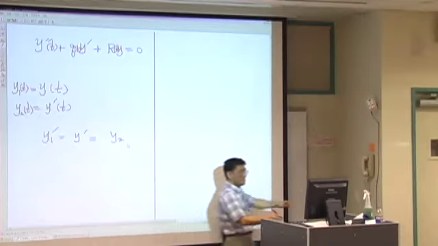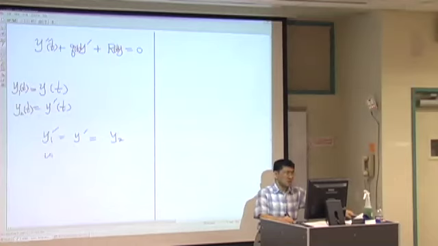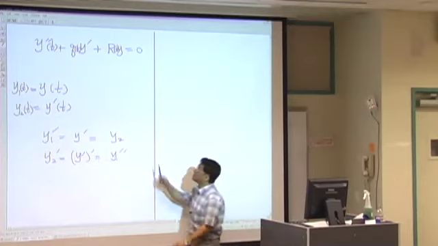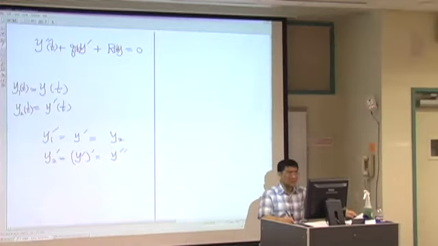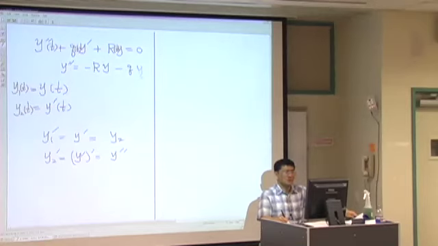Similarly, y2 derivative is y derivative, and then y second derivative. Because of the top equality, y second derivative is what? Y second derivative is minus r of t y minus q of t y primed of t, right?